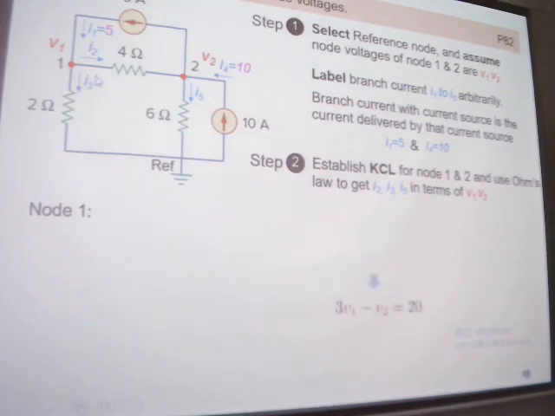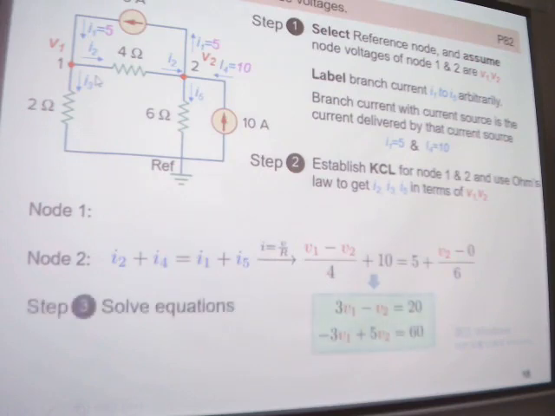For node 1, we can write the equation I1 equals I2 plus I3 because of KCL, right?